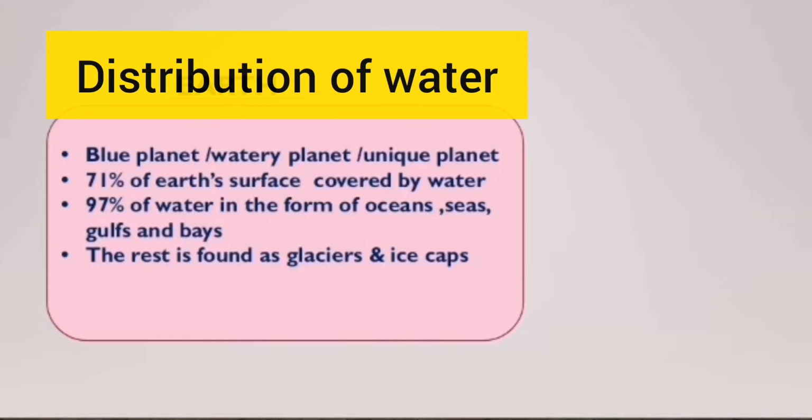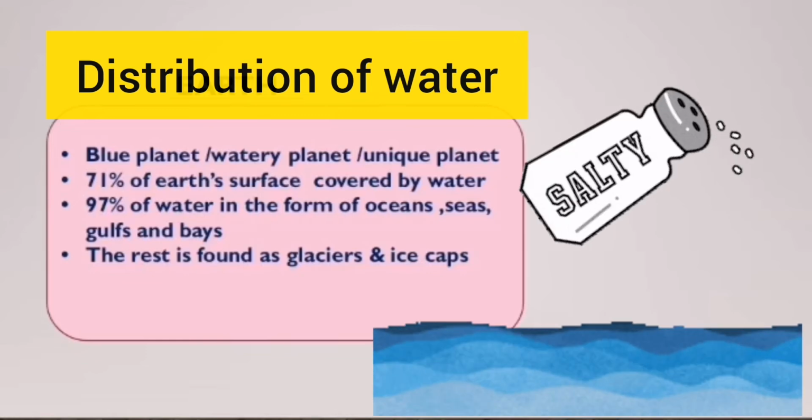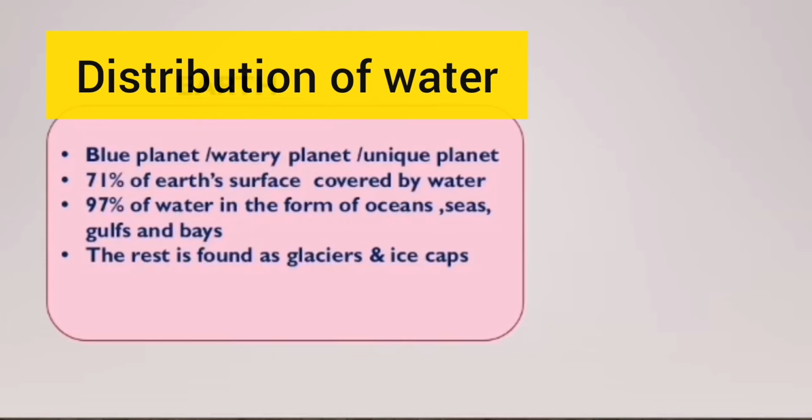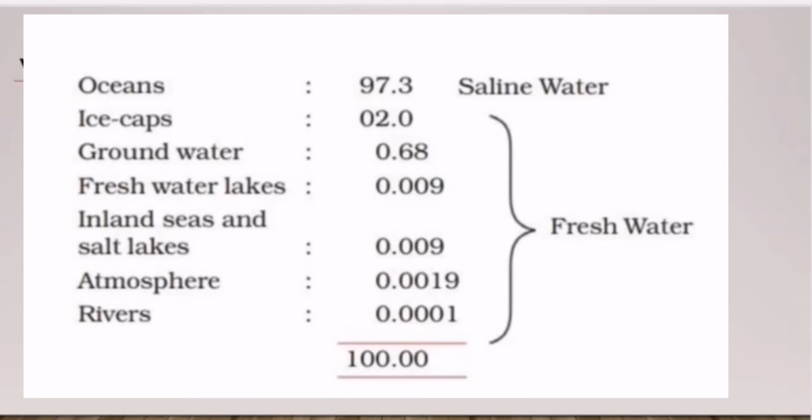Let us discuss the distribution of water. About 97.3% of all the water on earth is salty and 3% is regarded as drinkable or fresh water. So 97.3% of the water is in the form of oceans, seas, gulfs and bays.